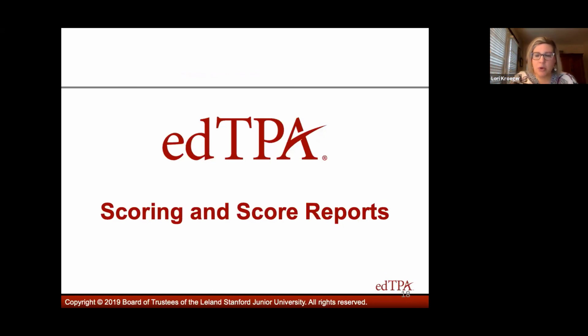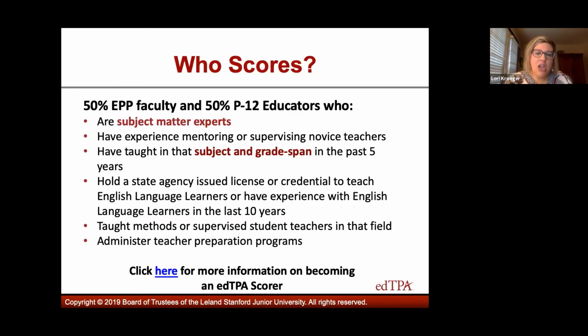So we'll just talk a little bit about scoring and score reports, and then we'll talk about joining the edTPA community after that. In terms of who scores edTPA, we work very hard to make sure that there is a 50-50 breakdown between program faculty and P12 educators.